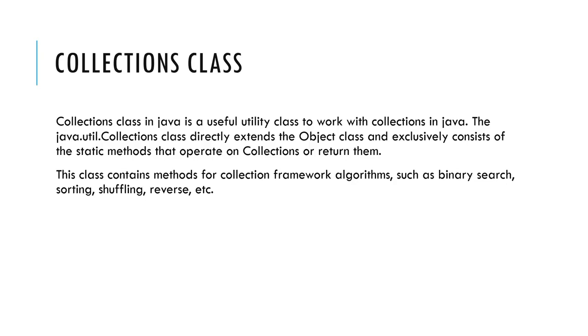Java also provides the Collections class, which is a useful utility class to work with collections in Java. The Collections class contains only static methods that operate on collections and return them.